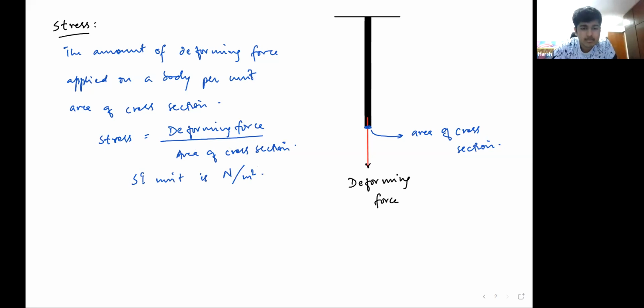Okay. Now, on applying this much amount of deforming force to this body, some deformation will get produced in it. Let's say it will be along this direction like this.